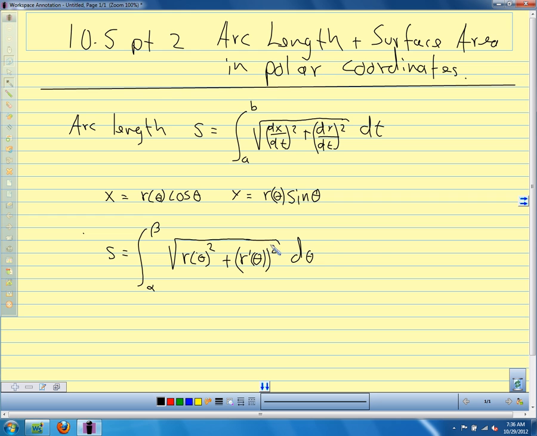And usually the more common way you'll see this written is S equals the integral from alpha to beta, in shorthand, of the square root of r squared plus dr d theta squared.